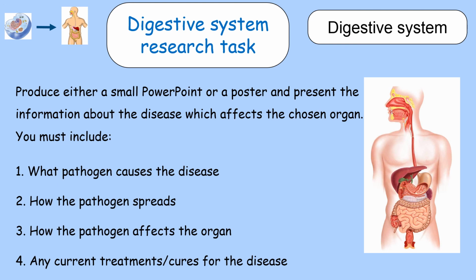We've looked at spreads of pathogens before. We've looked at how it can move around, different ways of it spreading. So how does this particular pathogen spread? Number 3, how the pathogen affects the organ. So whatever organ you've chosen and then that disease that's causing a problem for the organ, how does it affect the organ? And number 4, are there any current treatments or cures for this chosen disease?